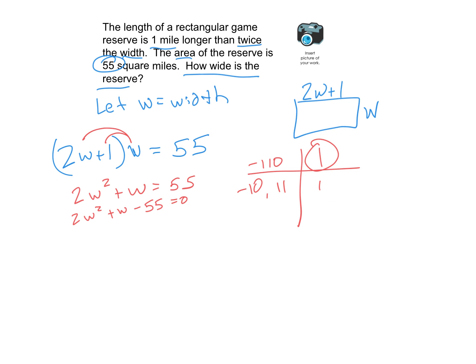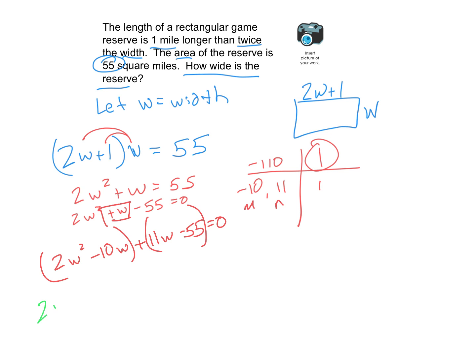Okay, I know my m and I know my n. So I'm going to put them in place of my middle term. 2w squared minus 10w plus 11w minus 55 equals 0. I'm going to factor those, and I'm going to factor those. All right, let's see here. I'm going to factor out a 2w here. So I'm going to divide both by 2w.